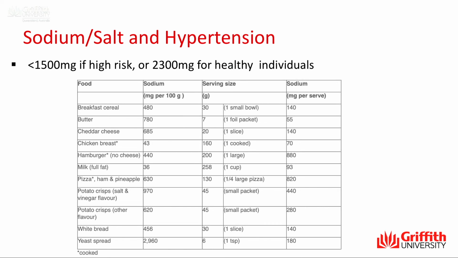And then say we have a coffee with full cream milk, about 100 grams, that's about 36 milligrams. If we calculate that all together, just at breakfast, this person's already having about 550 milligrams of sodium. And that's if they just have 2 slices of bread, when commonly people also have some breakfast cereal as well. So you can see how quickly our sodium intake can increase.